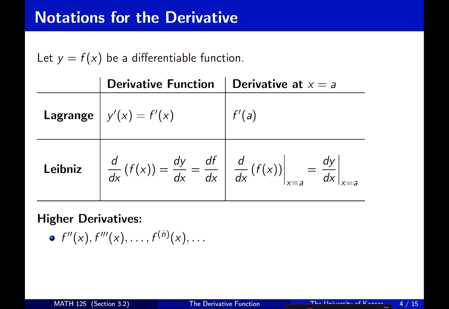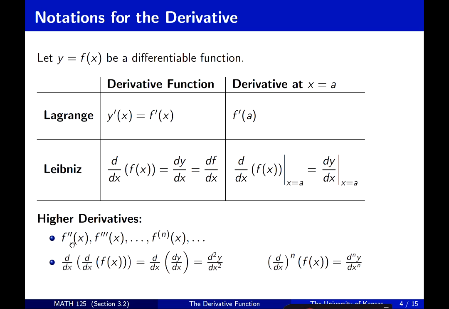After a while the primes become too many, and so usually after 3 primes, people start to put a little parentheses on top with an n. Do you know why there's a little parentheses? Because otherwise it looks like f to the power n. But when you put the little parentheses, it means the nth derivative of x. That means you take the derivative once, twice, 3 times, all the way to the nth derivative.